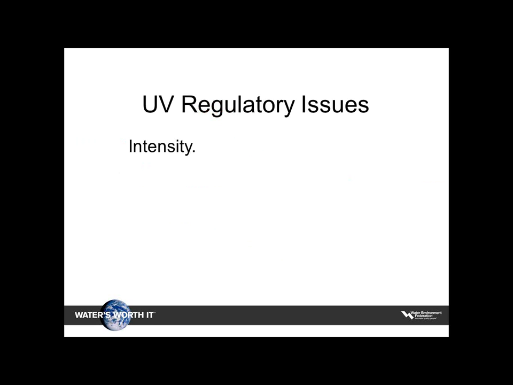One of the things we're going to deal with, the first thing that you're probably going to want to deal with is what type of intensity does my facility need to hit? What do I do on something like that? And that's going to vary, again, from state to state to state to state. What's my contact time?